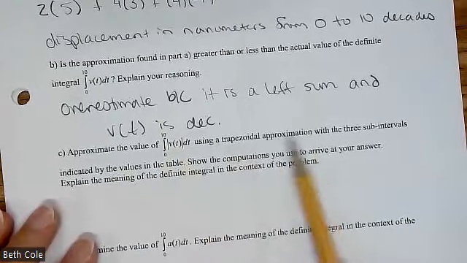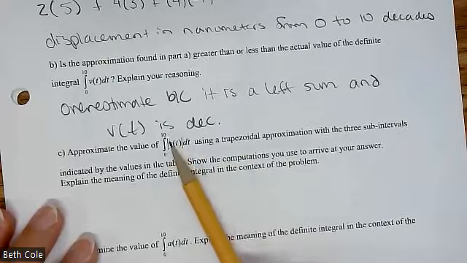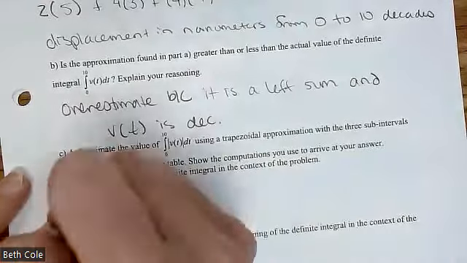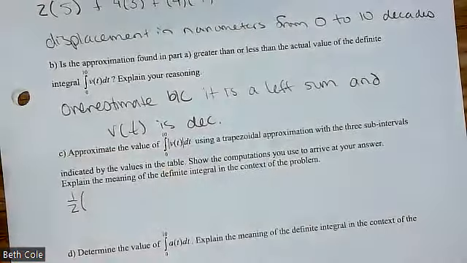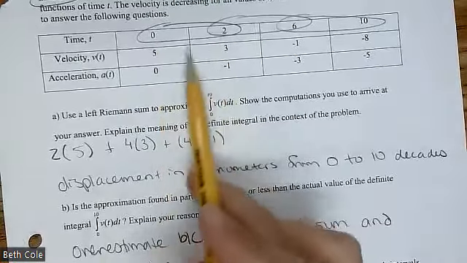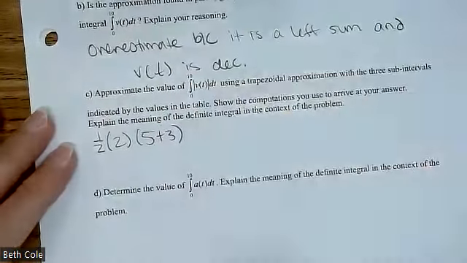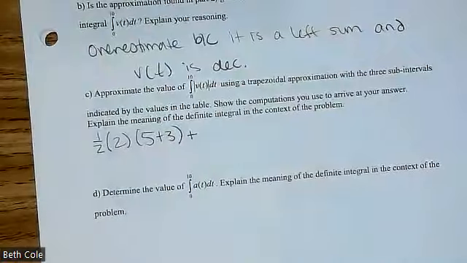Approximate this using trapezoidal approximation. And we're going to treat every number like it is positive. Okay, so 1/2. Our first subinterval was 2. And then it would be 5 plus 3. I'm not going to move my paper up and down anymore because I don't want to make you seasick.